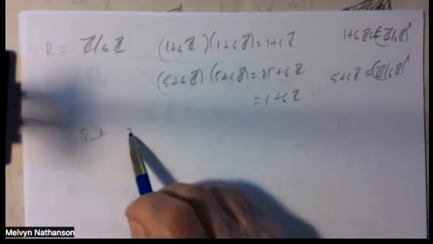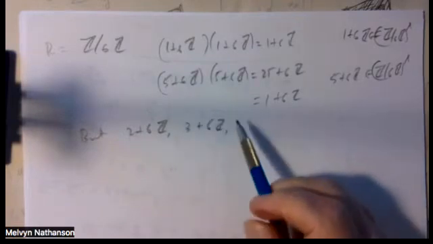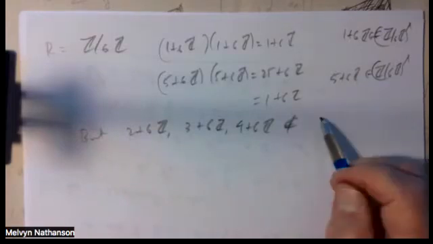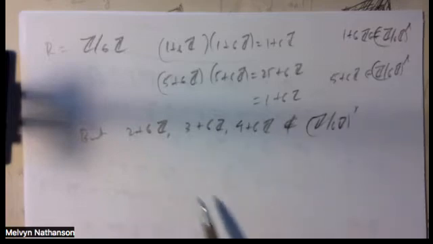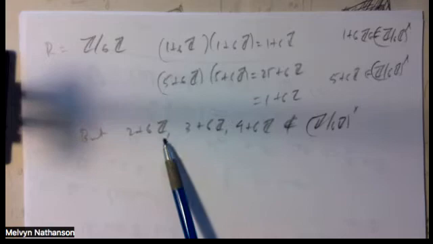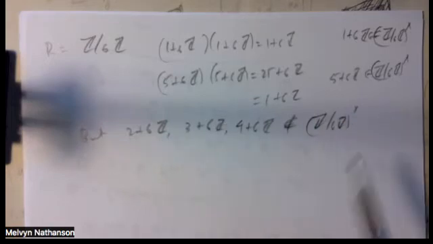But you can check 2 plus 6Z, 3 plus 6Z, 4 plus 6Z. These are not units. There's no multiple of 2, 3, or 4 that gives you 1.